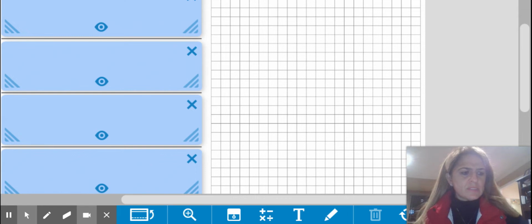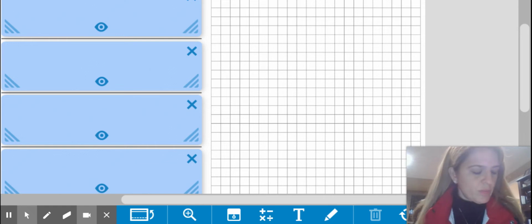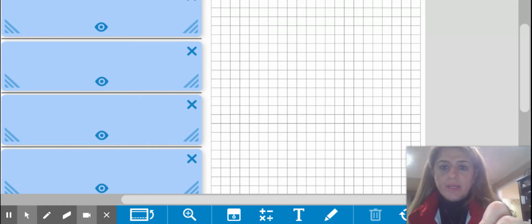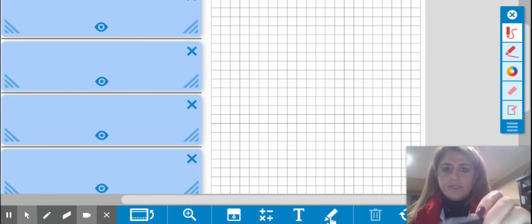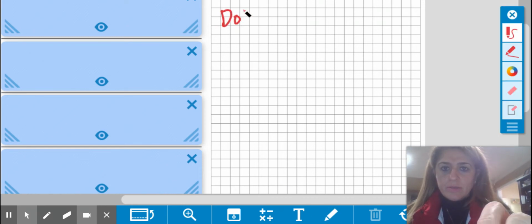So today we're going to set up our notebooks a little bit differently. Because we're dealing with money, I want you to put in where we're going to be dealing with some money. So dollar, right?